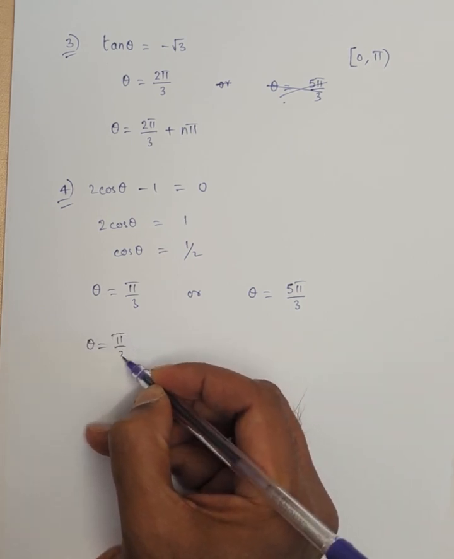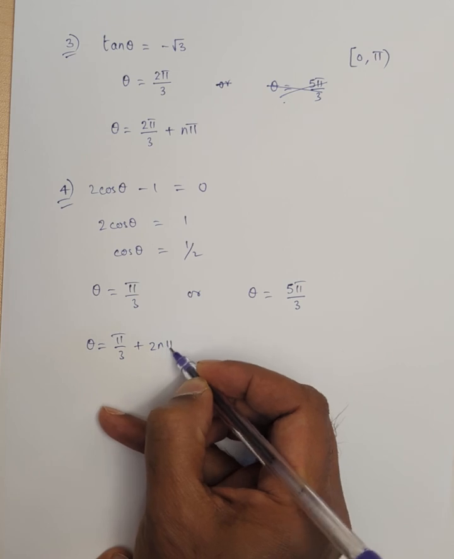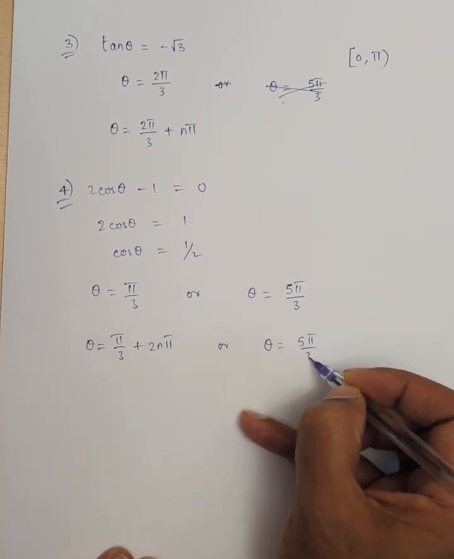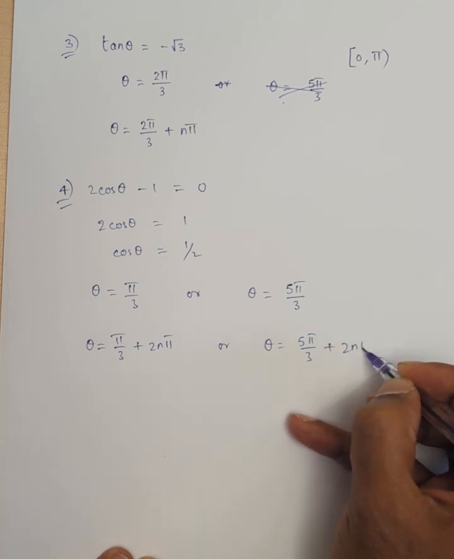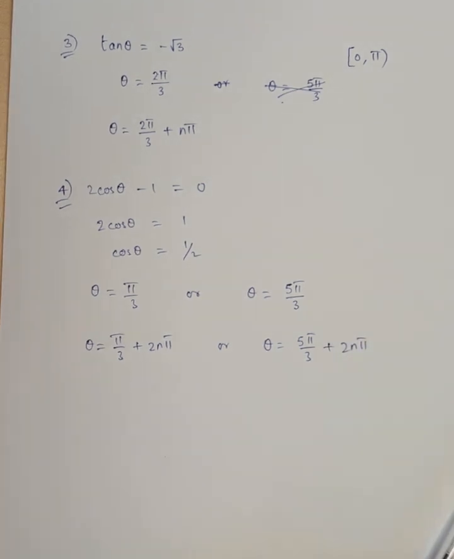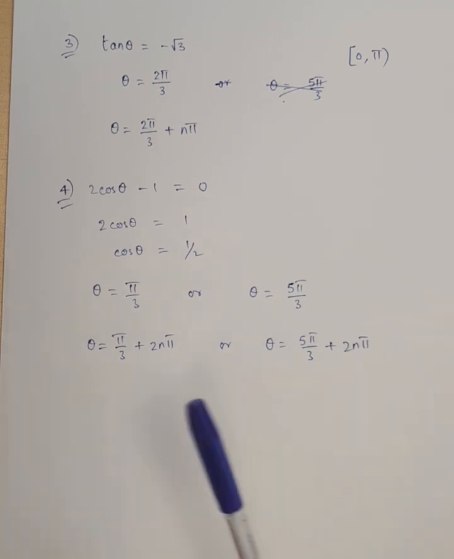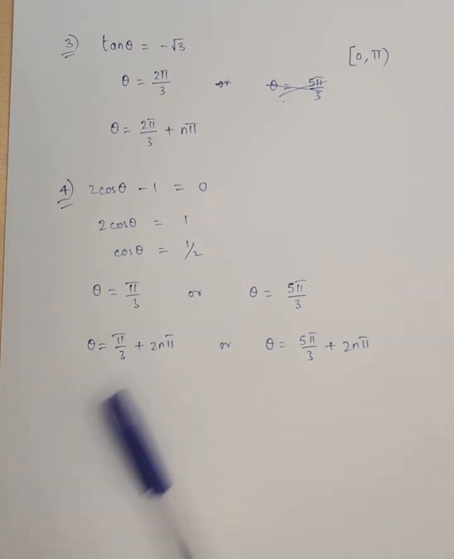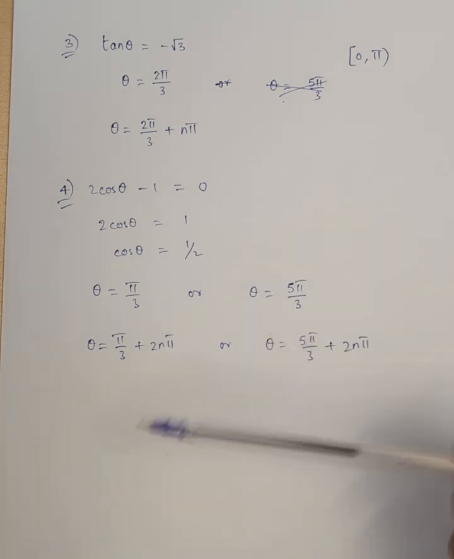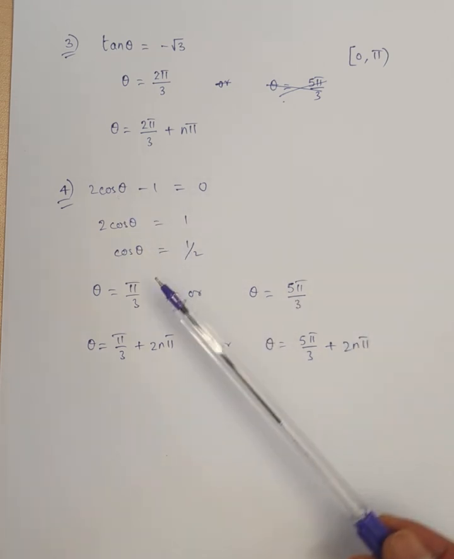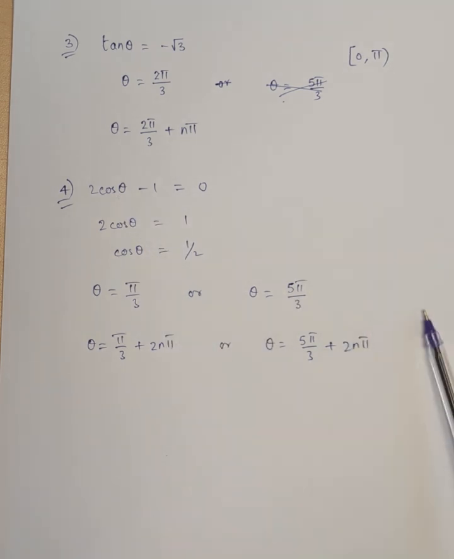Pi over 3 plus 2n pi, or 5 pi over 3 plus 2n pi. Now in the next video, we will look at more trigonometric equations where the algebra could be a little bit more complicated. You may have a quadratic in cosine or sine or tan.